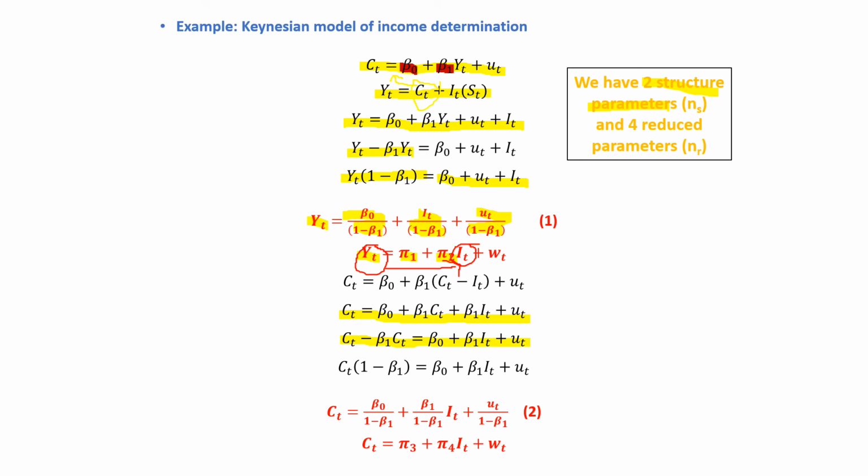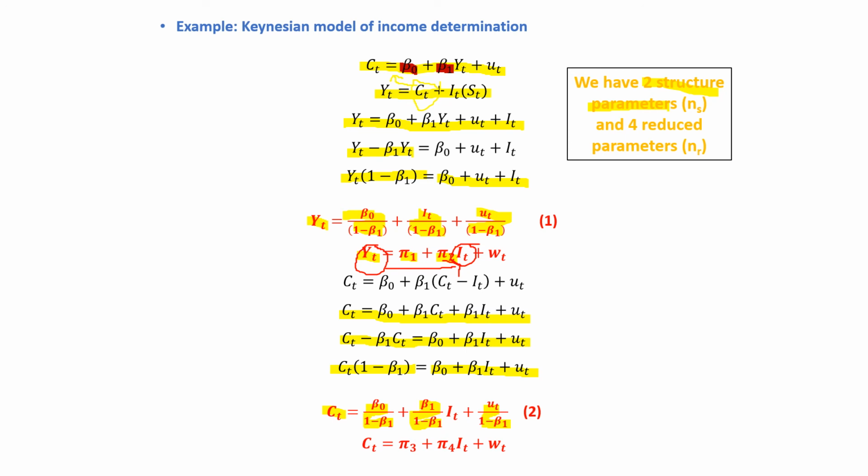Again, taking C as common factor, we have C multiplied by 1 minus beta 1 equals beta naught plus beta 1 I plus u. Dividing by 1 minus beta 1, we finally have C equals beta naught over 1 minus beta 1, plus beta 1 I over 1 minus beta 1, plus u over 1 minus beta 1. Now, beta naught over 1 minus beta 1 is pi 3, and beta 1 over 1 minus beta 1, let's call it pi 4.